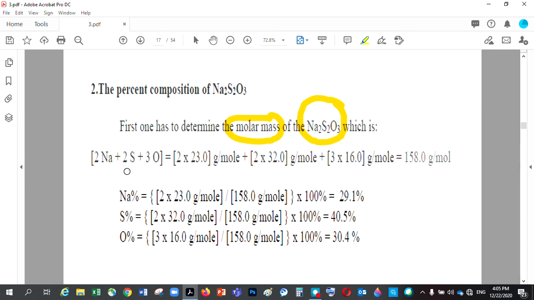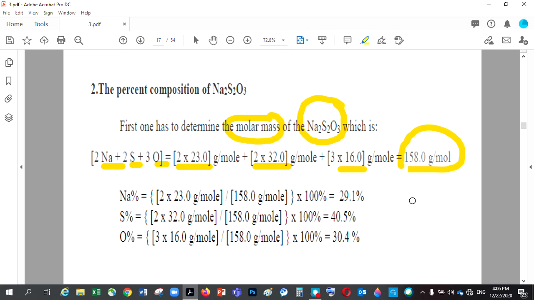So we calculate: sulfur is 32, sodium is 23, oxygen is 16, and you have to look at how many there are. 2 sodiums here, correct? Where is it? Yeah, here it is. 2 sodiums, 2 sulfurs, and 3 oxygens. You add up, the molar mass of the whole molecule is 158.0 gram per mole.